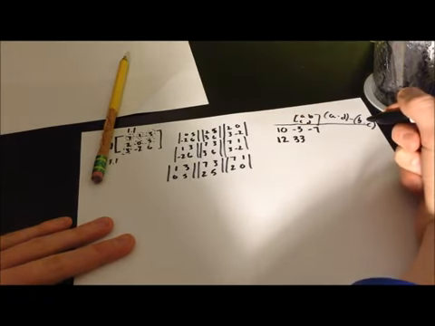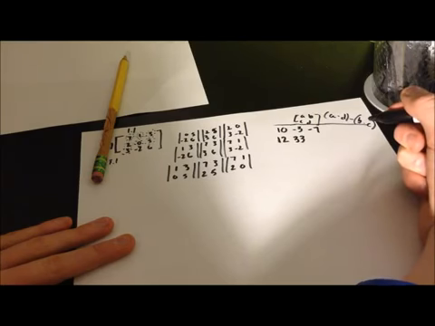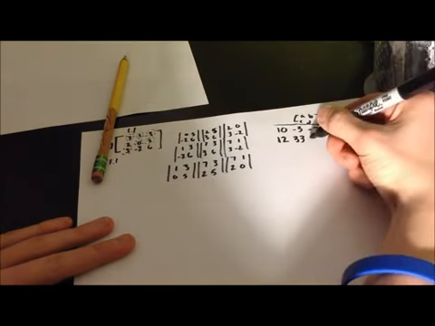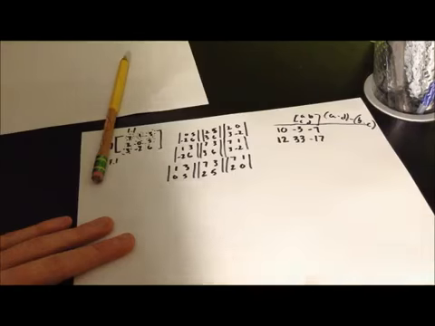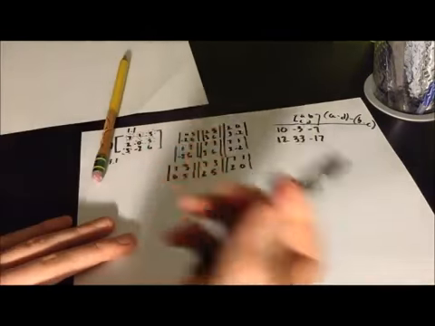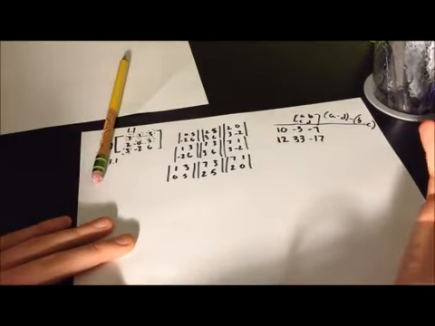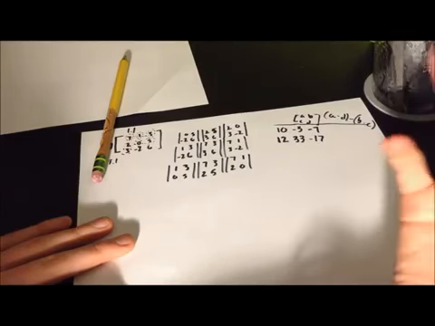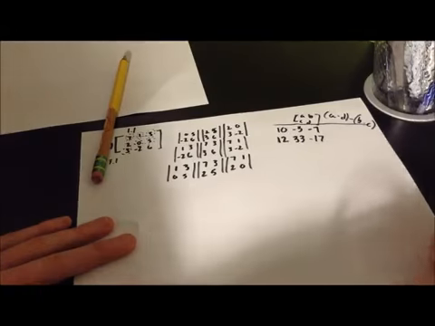Then we have 7 times negative 2 is negative 14, minus 3, that's going to be negative 17. And you want to get all these numbers right, because if you mess up even one little number, your answer, everything is going to get messed up. So you want to be completely accurate on this.